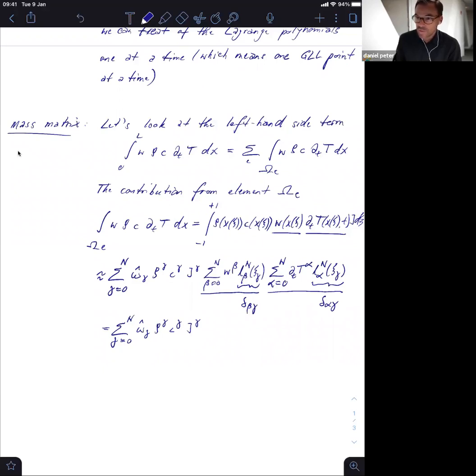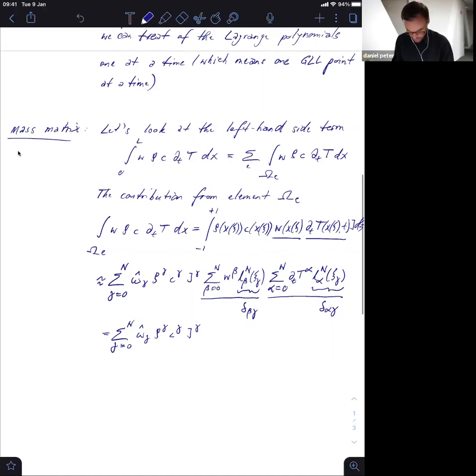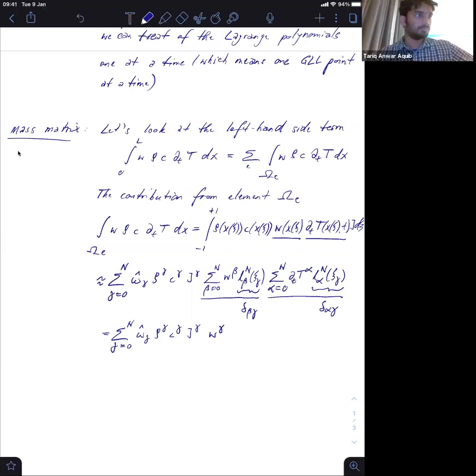In principle, we have to set beta equal to gamma. Only that term is actually non-zero. So what happens to this test function is that we have then W gamma and the Lagrange polynomial at psi gamma will be 1. And the second summation over alpha, exactly the same thing.